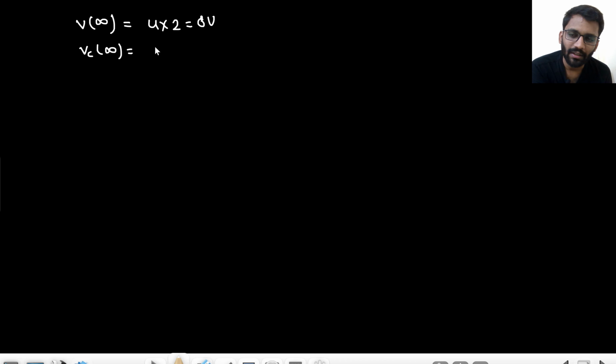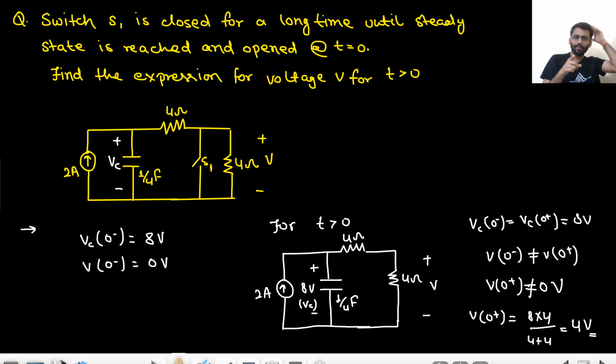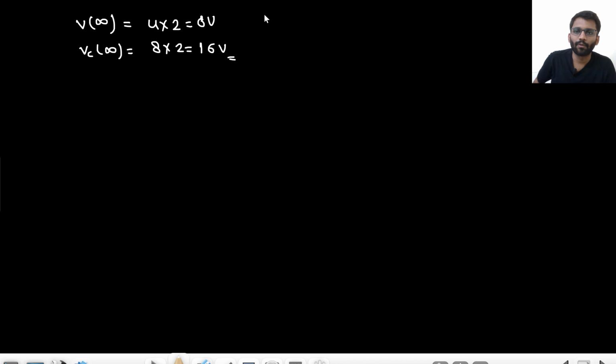VC infinity would be 8 into 2, that means 16 volt, because the voltage across 4 ohm and 4 ohm will be the voltage across the capacitor. 4 plus 4, 8, 8 into 2, 16. So 16 volt and 4 volt. So basically you are rising from 4 to 8 volt.